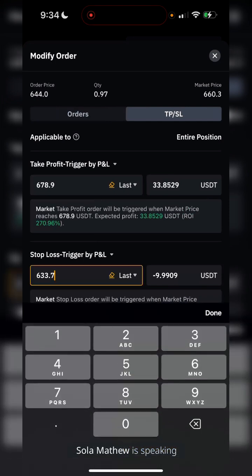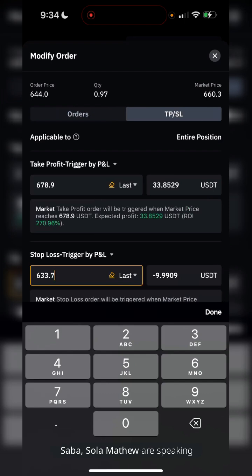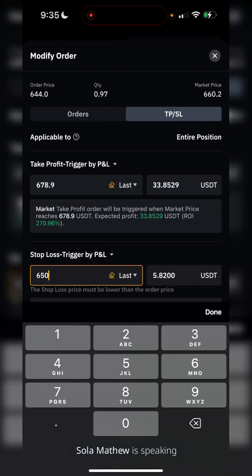Then you see your stop loss, and you can adjust it. Once you are in profit, let's say you've made like $20, you can come here and adjust your stop loss. Maybe the place where you entered the market is 644. By that time, you can change it to, let's say, 650.